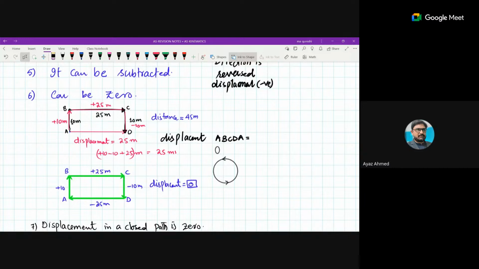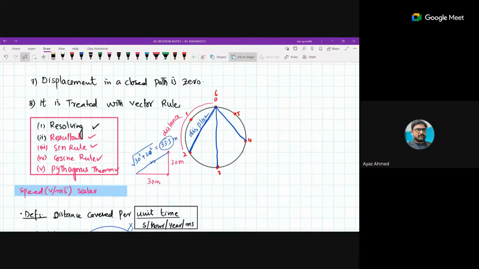Why? When the body is moving in a closed path, displacement can be zero, because the body is moving back to the original position. So remember, in all situations in which the body is moving in a closed path, I mean the body is coming back to the original position, displacement would go to zero, right? Is this very clear to everyone?